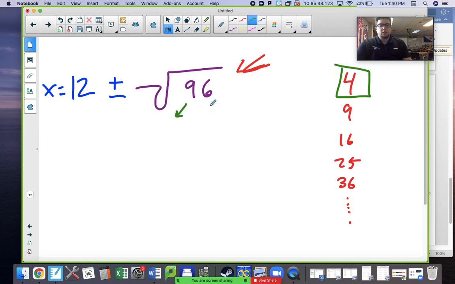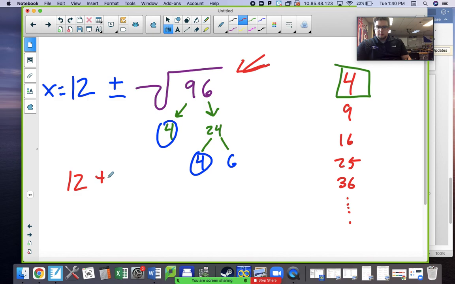What happens is we split this 96 into 4 and 24. That's a perfect square. We're going to do the same thing for 24. Hey, look, 4 and 6. So here are my perfect squares. By splitting this, we've basically created 4 times 4 times 6.